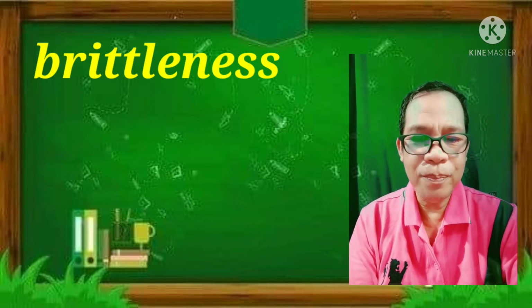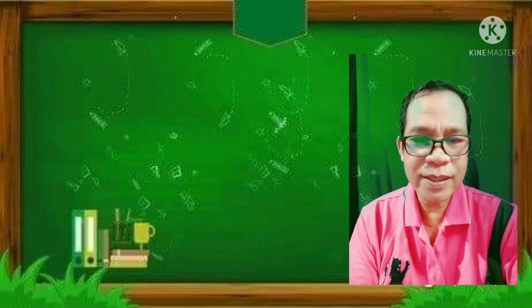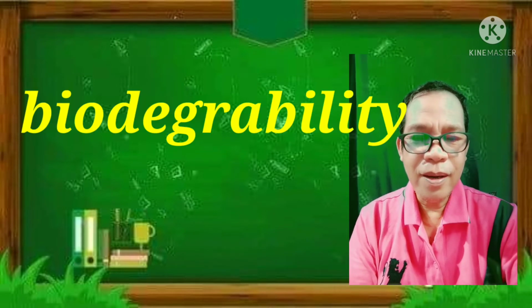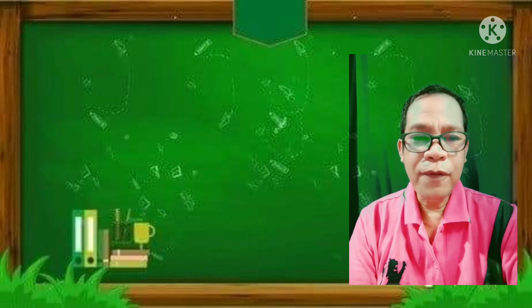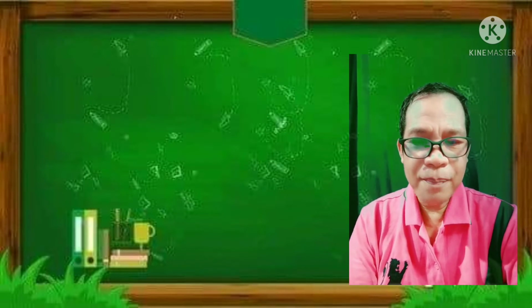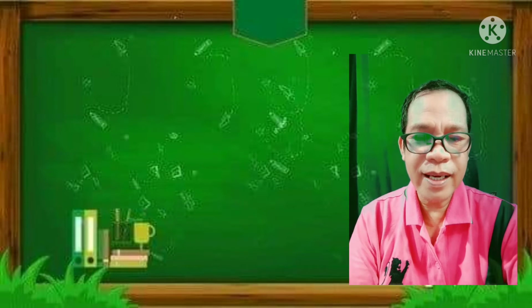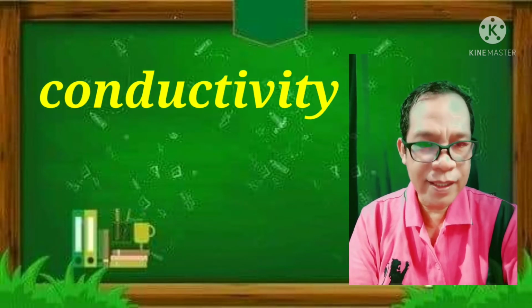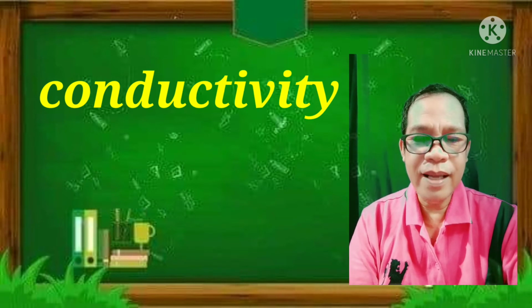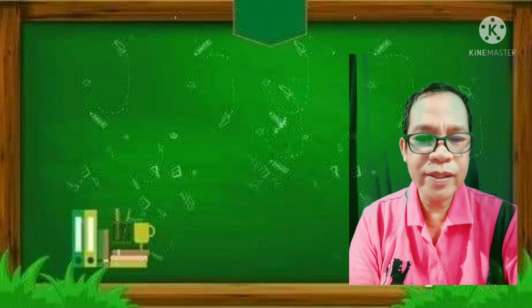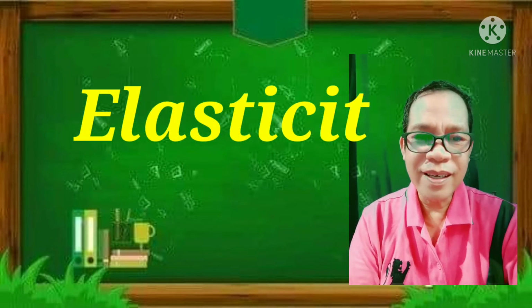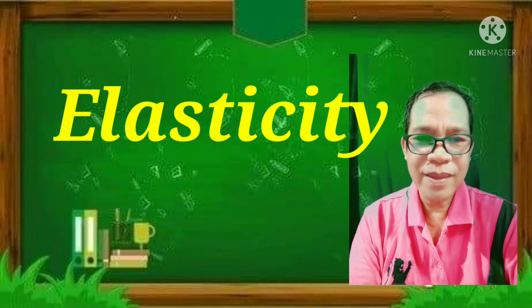Ability to decompose by microorganisms, the answer, biodegradability. For number 3, ability to let the heat and electricity pass through, conductivity. And number 4, ability to be stretched and return to its original shape, answer, elasticity.